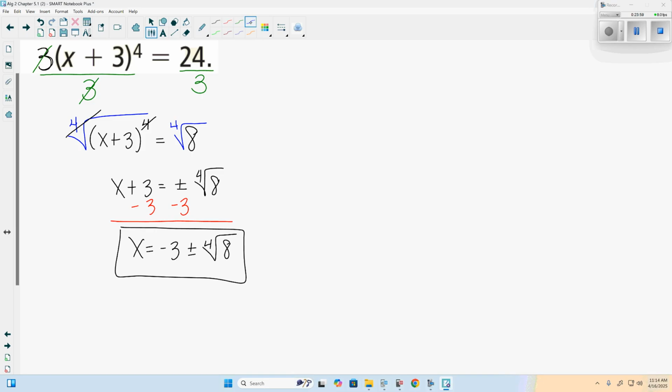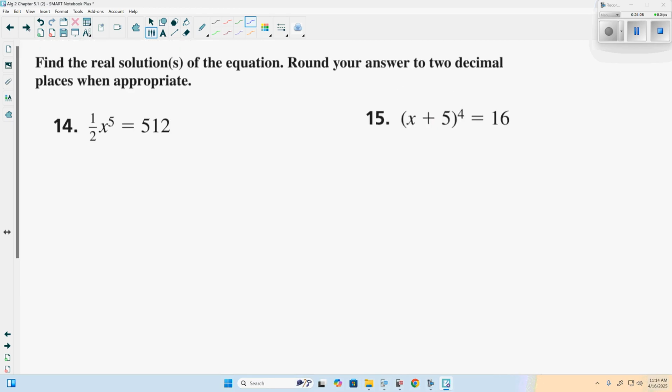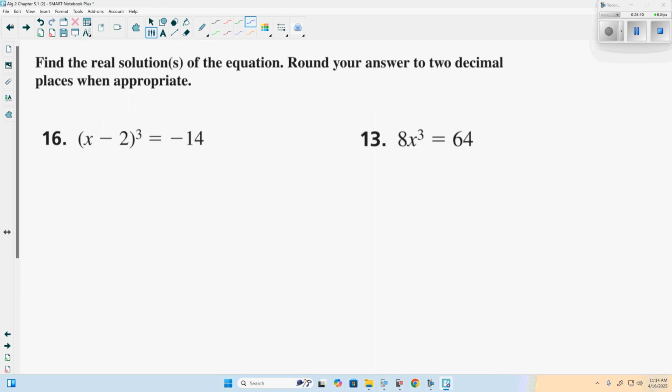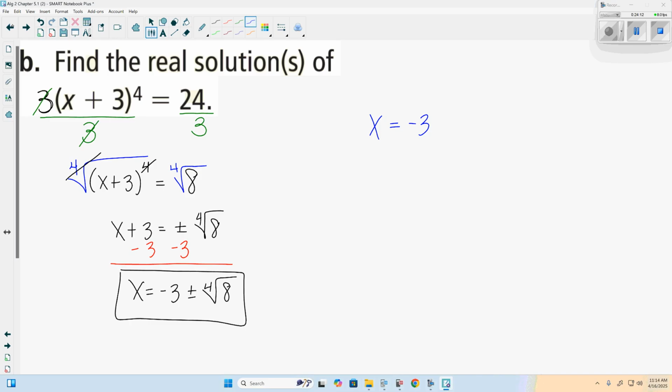Without the 3, if you'd already solved it, x would have equaled... I must have changed it and didn't change this.